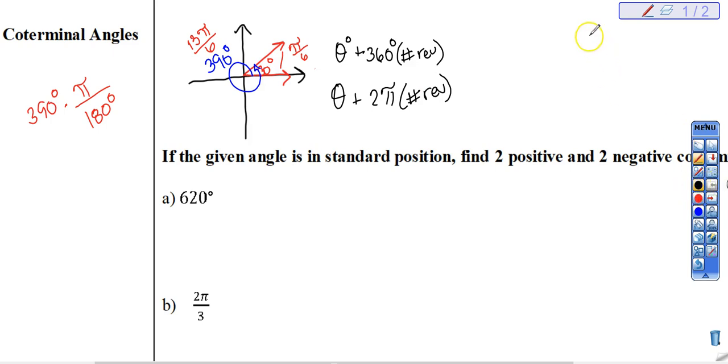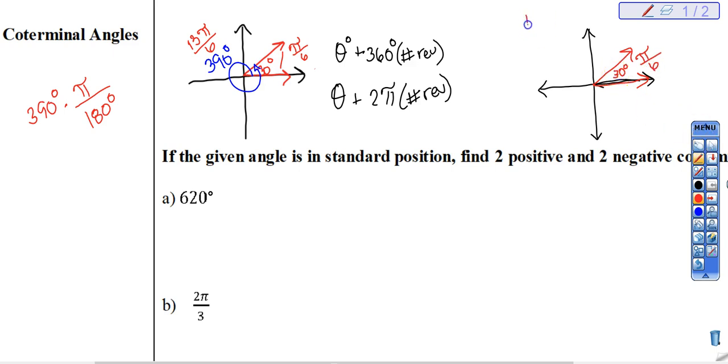Let's do a negative example, and we'll start with the same measure. We'll start with the initial, or this angle here, in red pen, at 30 degrees, or pi over 6 radians.